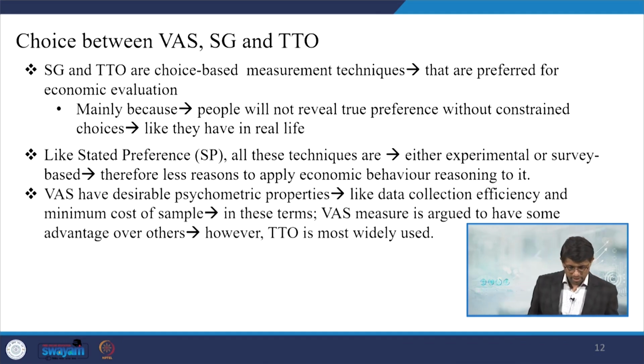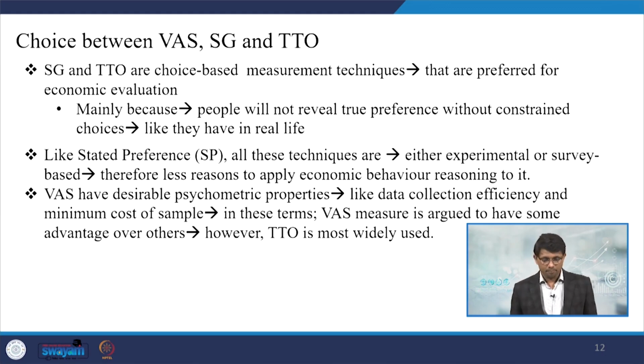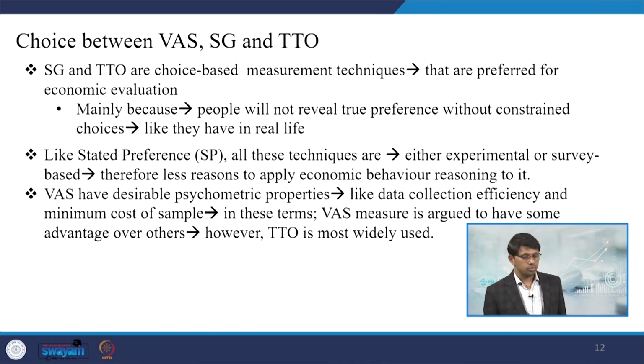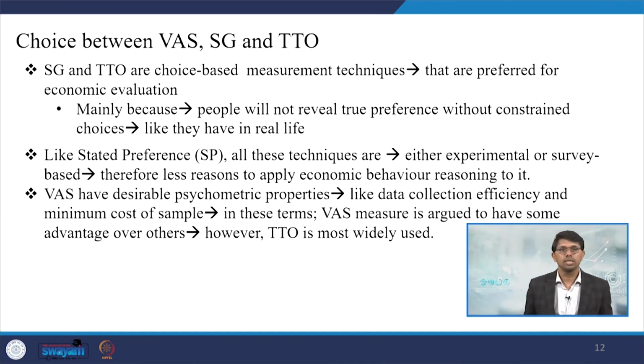So, the visual analog scale has desirable psychometric properties like data collection efficiency and minimum cost of sample. VS measure is argued to have some advantage over others. However, the TTO we just say is most widely used.